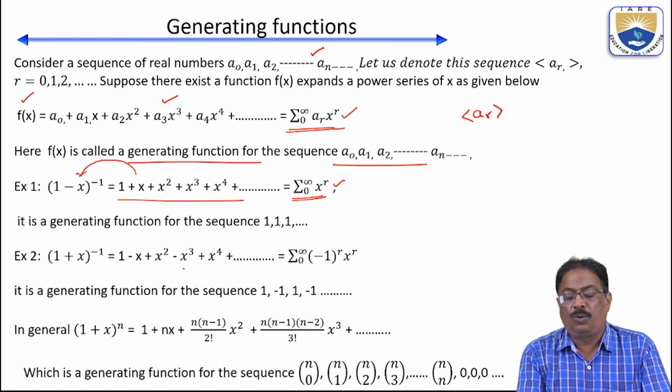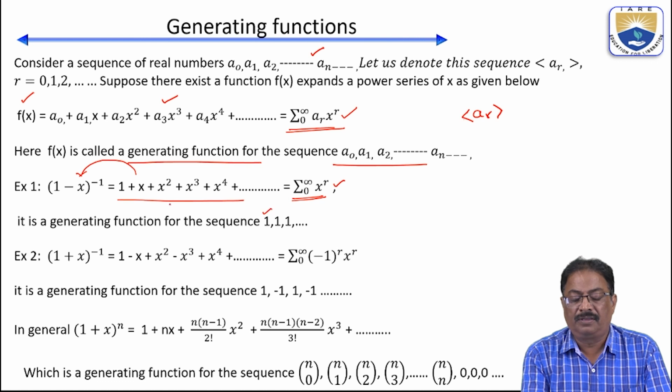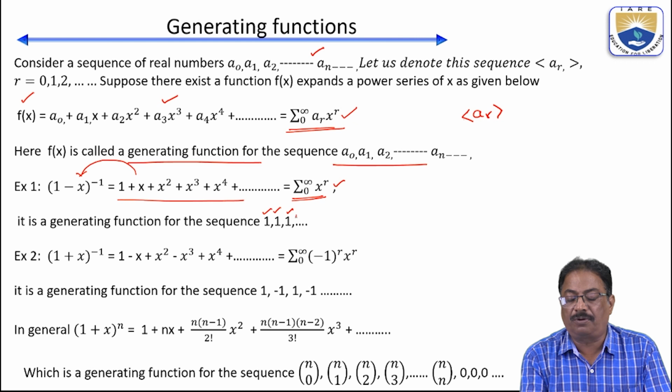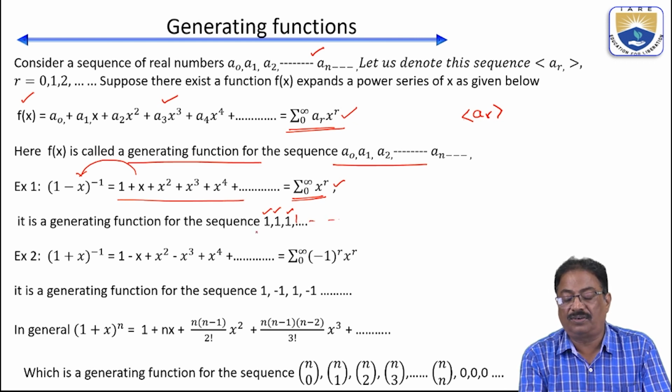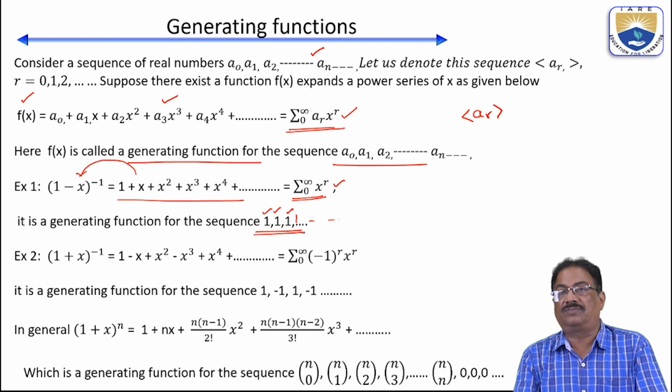Here the constant coefficient is 1, the x coefficient is 1, the x square coefficient is 1, the x cubed coefficient is 1 and so on. So this is the generating function for the sequence 1, 1, 1, and so on.